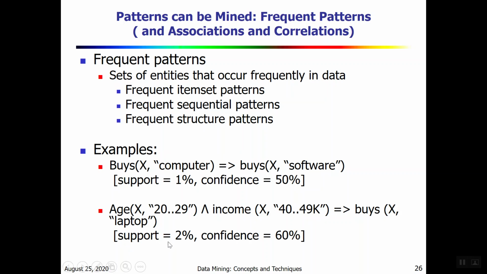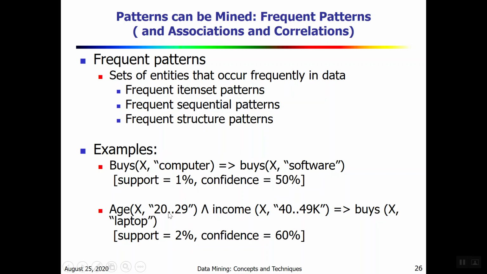In this case, support tells us that among all the customers we have, people in this age group with this income who purchased a laptop account for 2% of all the customers. So 2% of these people have those characteristics, all three elements.